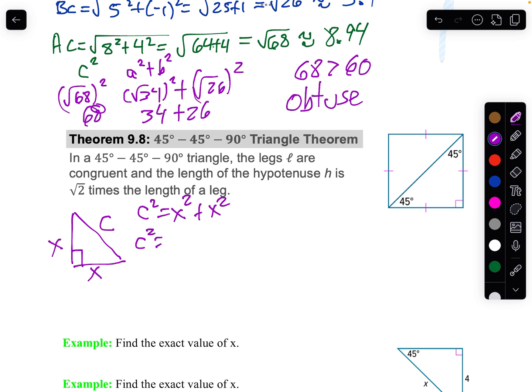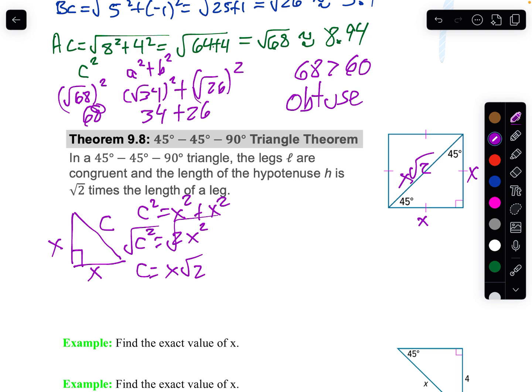So C squared equals 2X squared. Take the square root of both sides. C is X times the square root of 2. So if I have a right isosceles triangle, I multiply the square root of 2 times one of the legs to give me the hypotenuse. And I would divide it if I know the hypotenuse and want to find the legs.